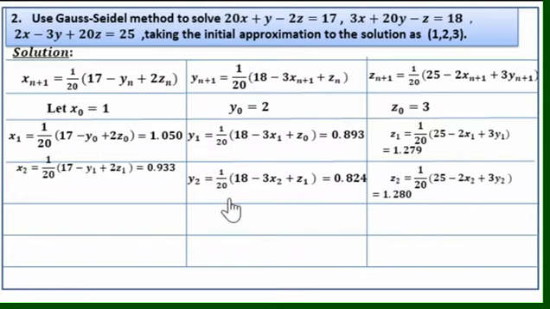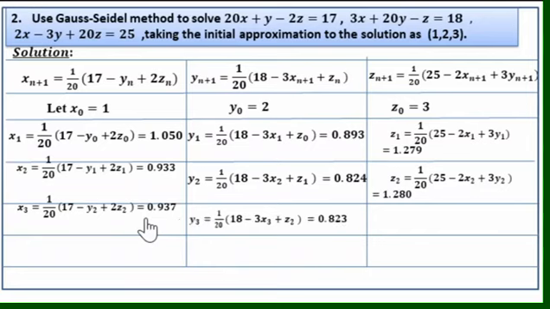Then go for the third iteration, find x3. x3 equal to 1 by 20, 17 minus y2 plus 2z2, and substituting these two values we get 0.937. Then find y3, write the formula and substitute, and then find z3.